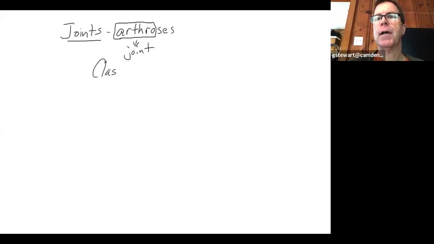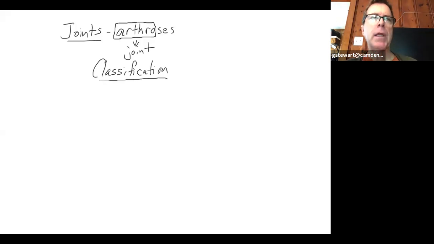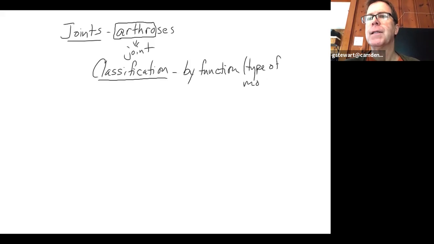We classify joints. I'm just writing the word classification. And this is where keeping this organization in our heads can be somewhat of a challenge. So when I think of classification, I always first think of by function. I'm going to write type of movement, because this is the easy one.